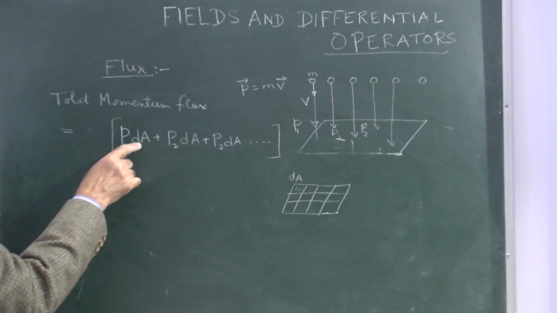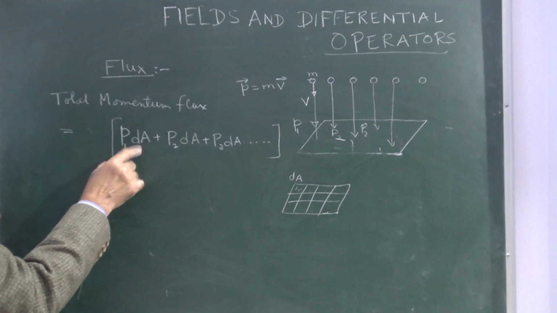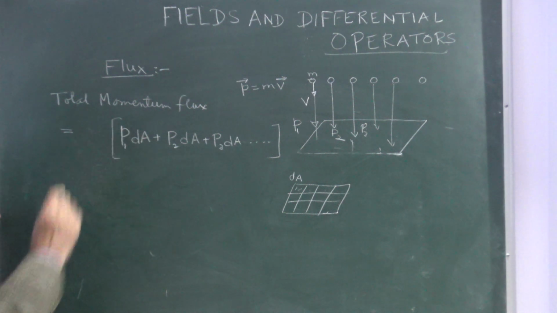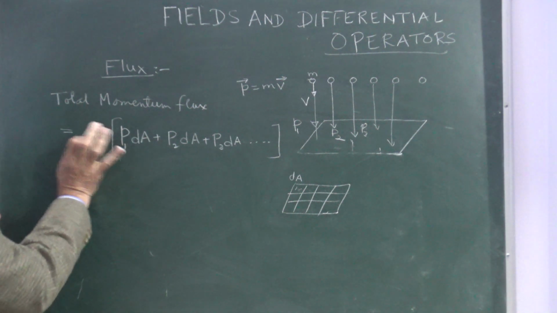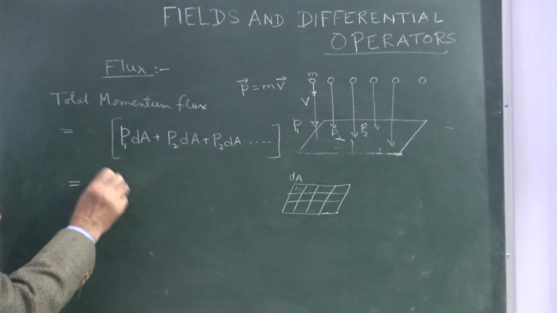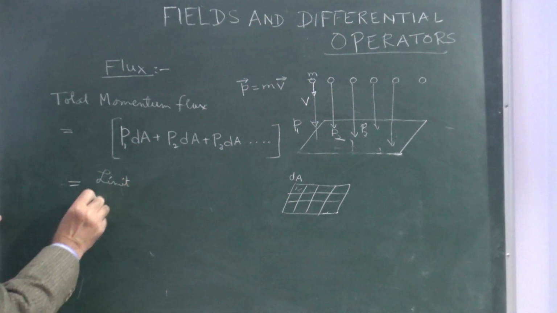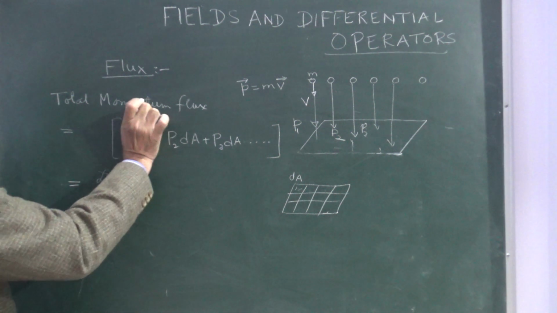But here we have assumed this dA must be very small, so small that the momentum in that small region does not change. This is a mathematical way of writing it.